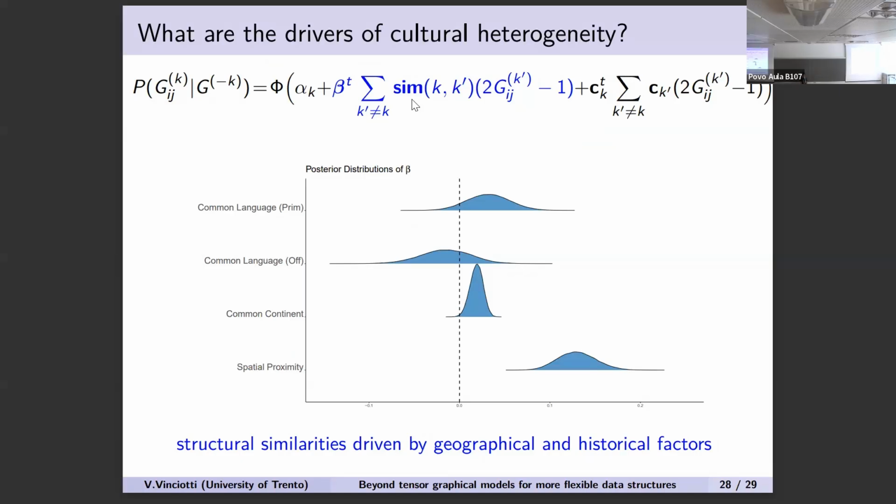And then we let the data tell us whether there is this effect or not. And yes, the data down here does indeed tell us that spatial proximity is quite a strong effect, and also language.